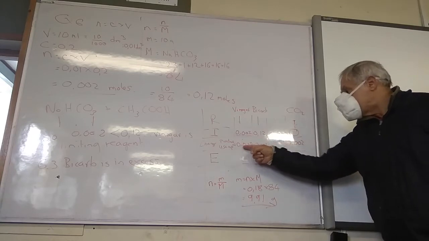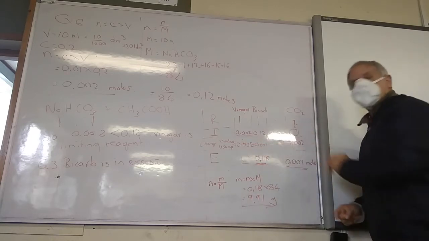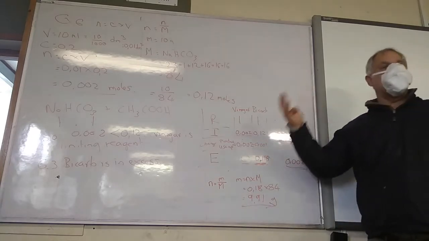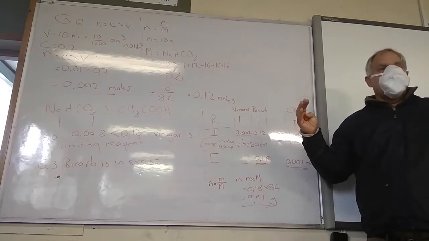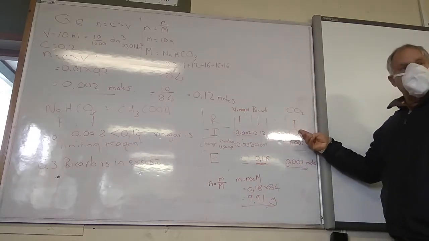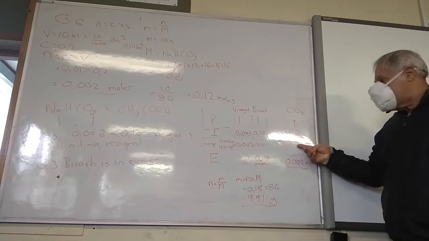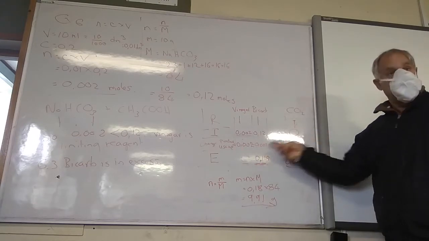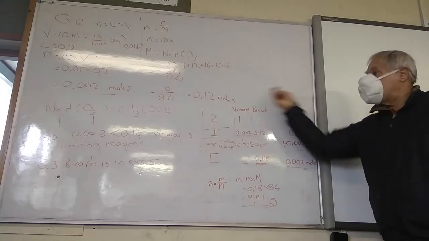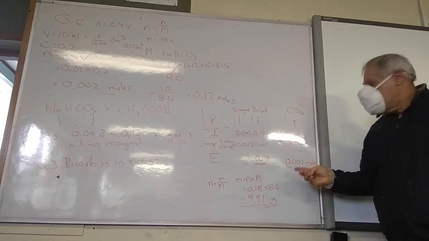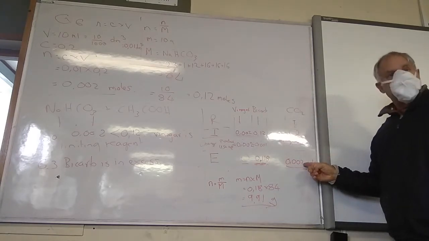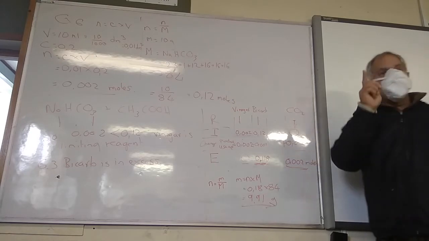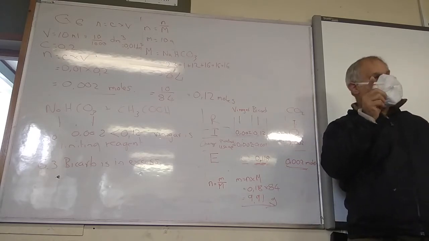So that's minus that, plus that. Some people put the minuses in plus. I like it. So we start with no carbon dioxide at the beginning. We produce the same number of moles as we used up in the balanced equation, and with that number of moles. But we're not finished the problem. What do we have to convert that to?